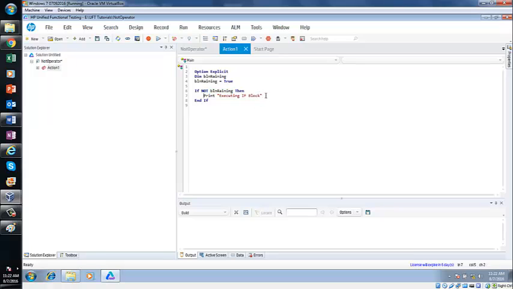Else, let's say print executing else block.